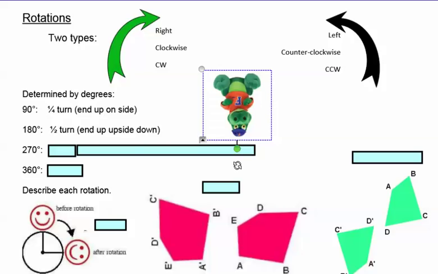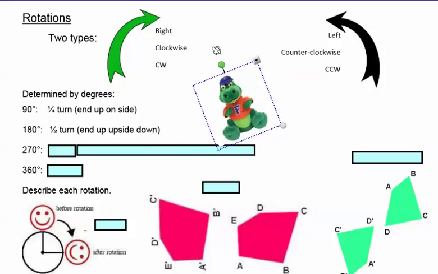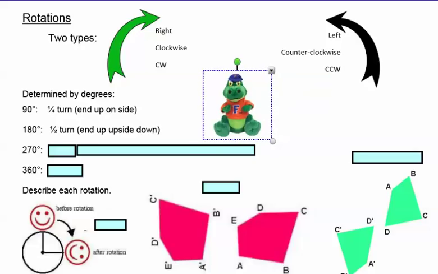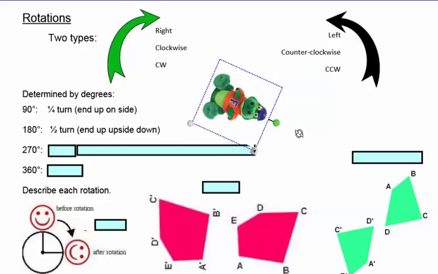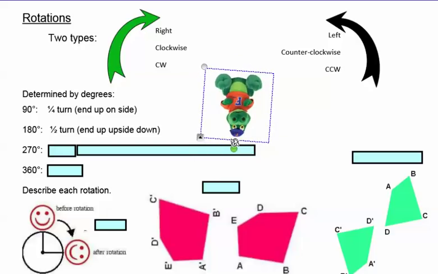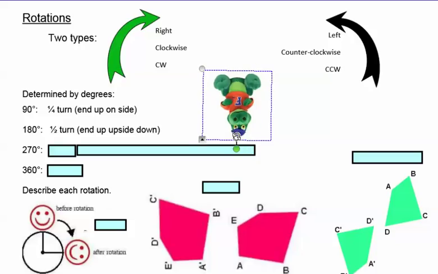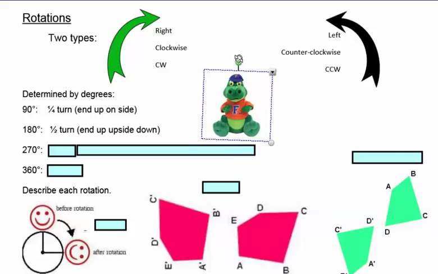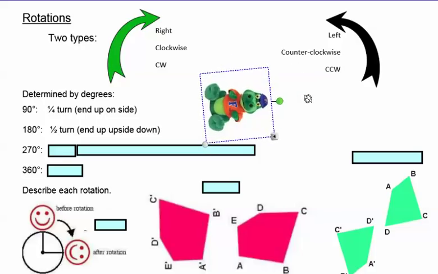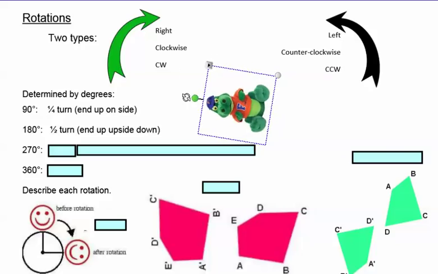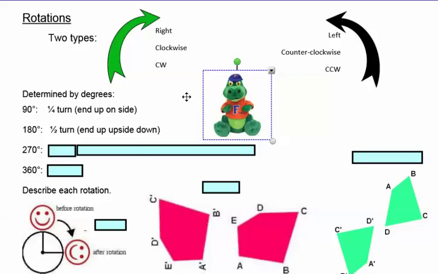Upside down again. So for 180 degrees, it does not matter which way you go. We're going to end up in the same spot. But that is not true for 90 degrees, because if we go clockwise, we end up on this side, and if we go counterclockwise, we end up on that side. So we need to be careful.